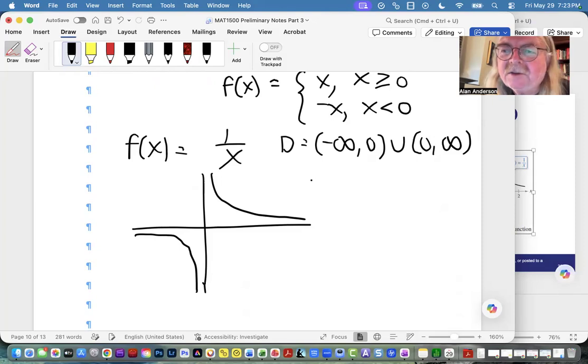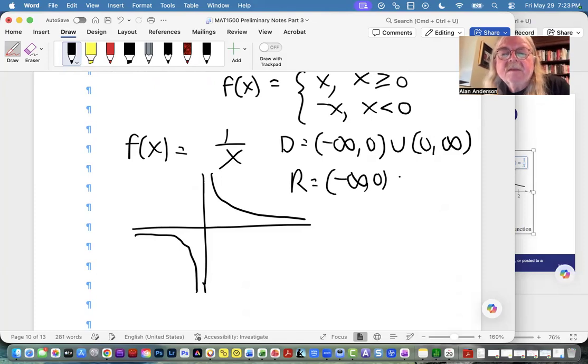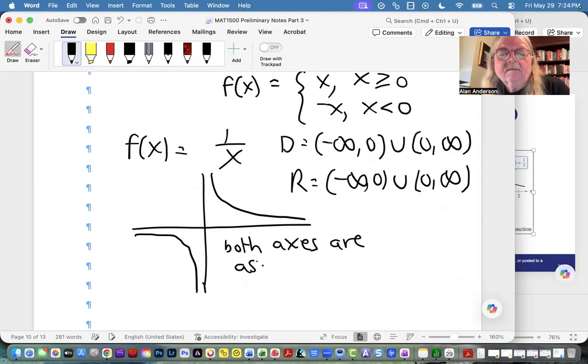All right, well, that's not the best drawing I've ever done in my life, but you get the idea. And so you notice how the range, interestingly enough, is the same. In other words, x cannot be substituted into this function, but no matter what I plug in for x, the result will never be a 0. So that means both axes are asymptotes.